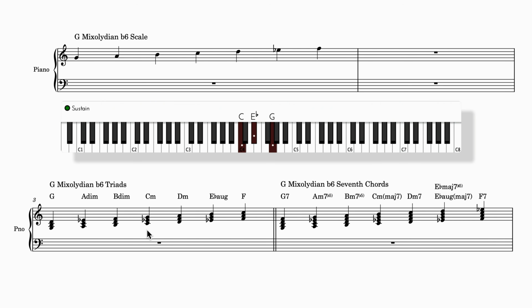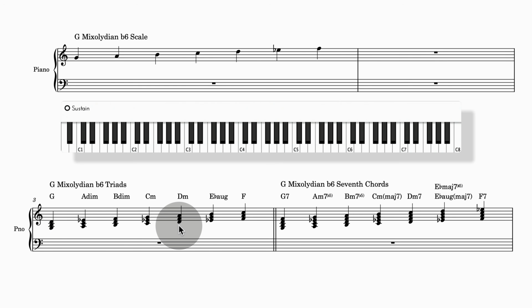A very common movement in Mixolydian flat 6 is to go from our 1 chord to our 4 chord, our 4 minor, and then back to 1. That's a great progression to use, and you can get a lot of mileage out of just that.